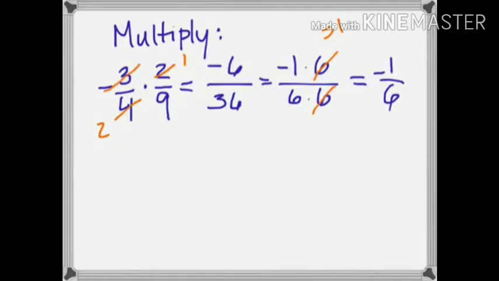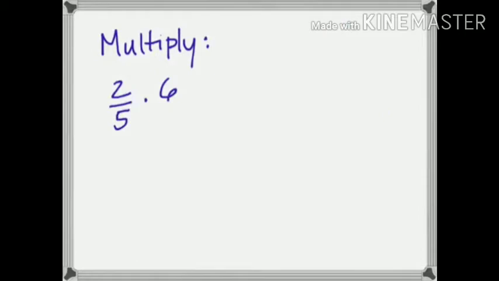So -3 divided by 3 is -1, and 9 divided by 3 is 3. And then from there I would continue with my multiplying, and we would now do -1/2 times 1/3. -1 times 1 is -1, and 2 times 3 is 6. That's the same answer.